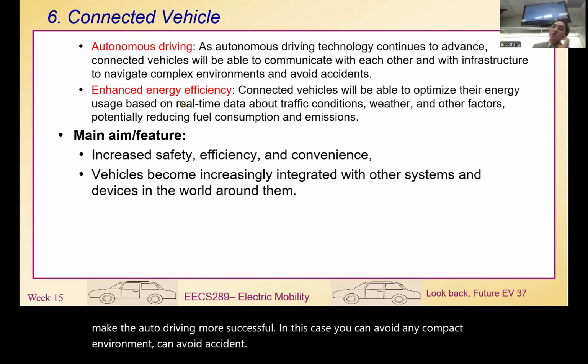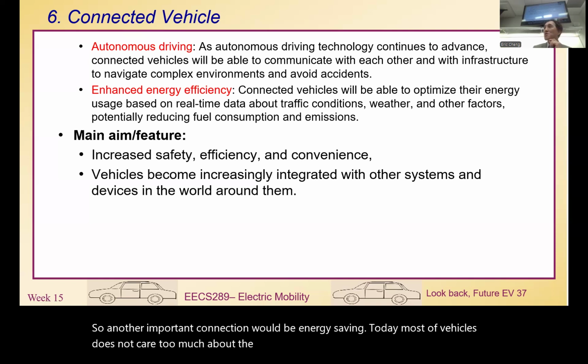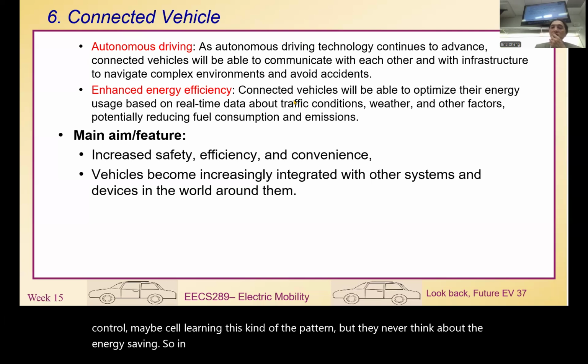Another important aspect of connected vehicles is energy saving. Today, most vehicles do not care too much about energy. They only care about more intelligent control, maybe self-learning, but they never think about energy saving. So in this case, if you are a connected vehicle, you may optimize your performance in terms of energy for different traffic conditions.